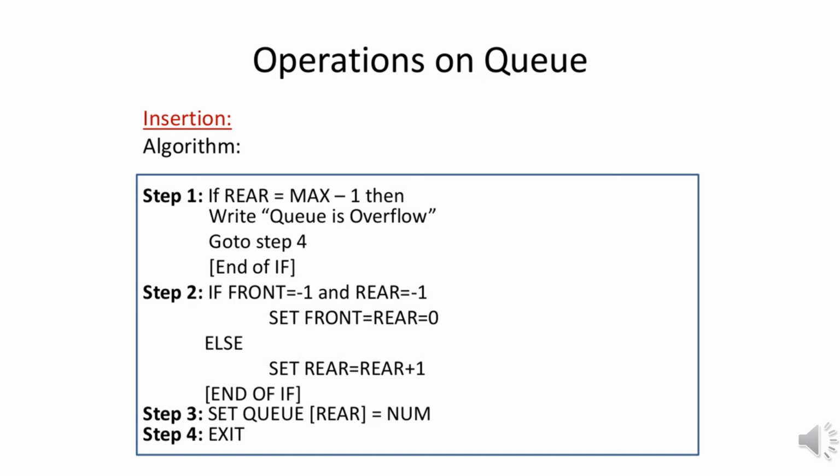That's why the total numbers are 0 to 99, meaning max minus 1. And initially front is equal to minus 1, rear is equal to minus 1. After inserting a new element in the queue, rear becomes rear plus 1, meaning minus 1 plus 1 equals 0. That is, our first element is at the A of 0th index.